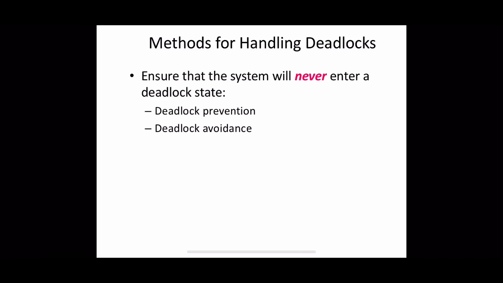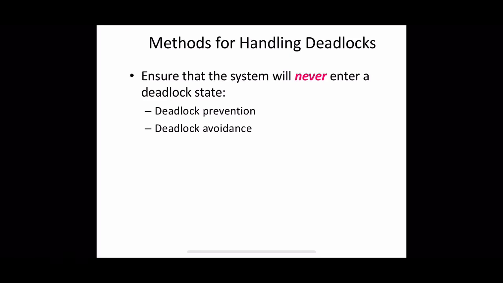And in the case of deadlock avoidance, the system will collect additional information about different allocations, like the maximum number of instances of each resource type, how many of them are already allocated to different processes, and what the maximum need of resource instances by different processes is. All this information will be collected in advance, and based on this, whenever a new request arrives, the system will calculate whether, if this request is granted, the system will enter a deadlock state.